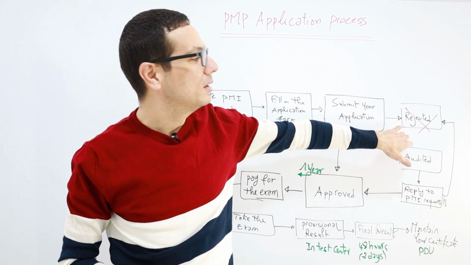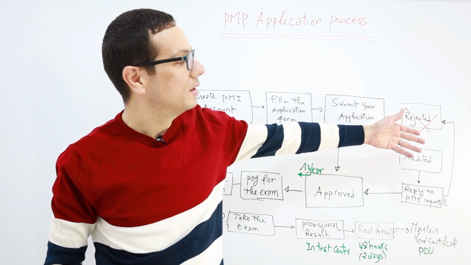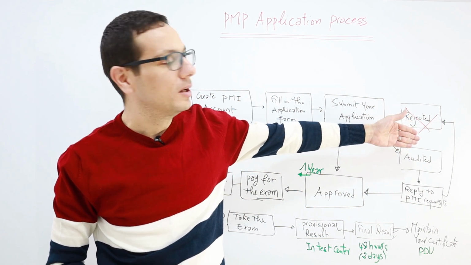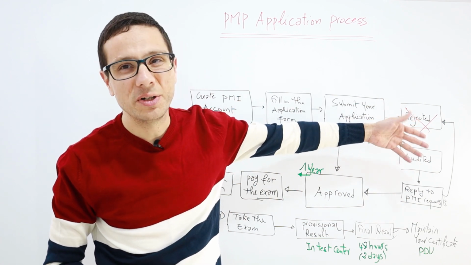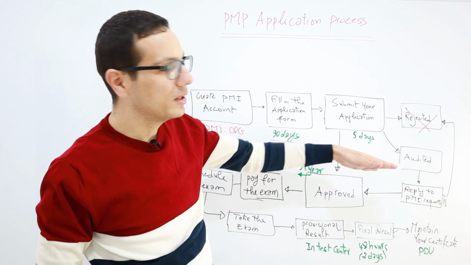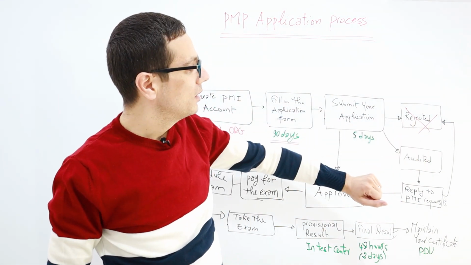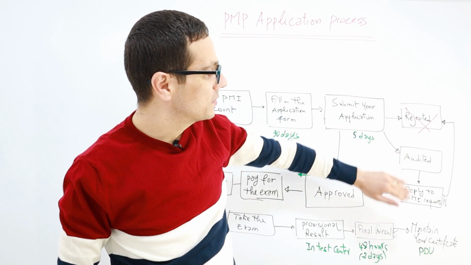Sometimes PMI sees that the application does not really fulfill the conditions for PMP from the first instance, such as the experience is not really related to project management, then they just right away send a rejection message. I don't see this a lot actually, but it happens.